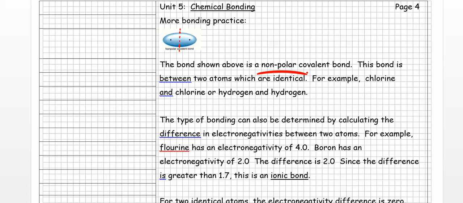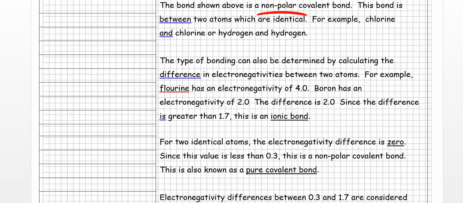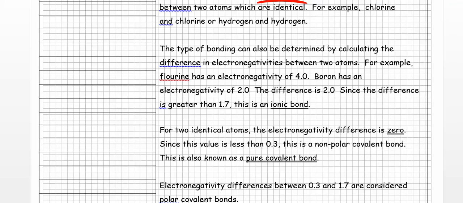Now, the type of bonding can also be determined by calculating the differences in electronegativities, as we mentioned before. For example, fluorine has an electronegativity of 4.0. And by the way, there's no need for you to memorize all the electronegativities, obviously. All I want you to remember is that the highest electronegativity is 4.0, for fluorine.